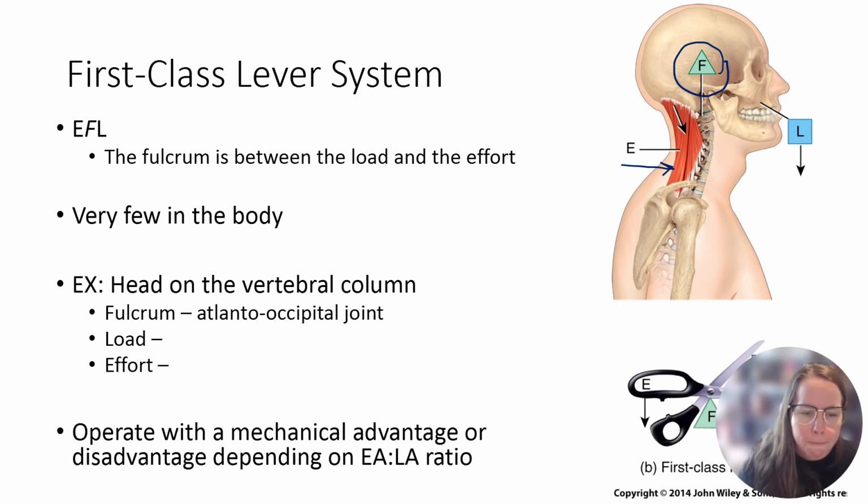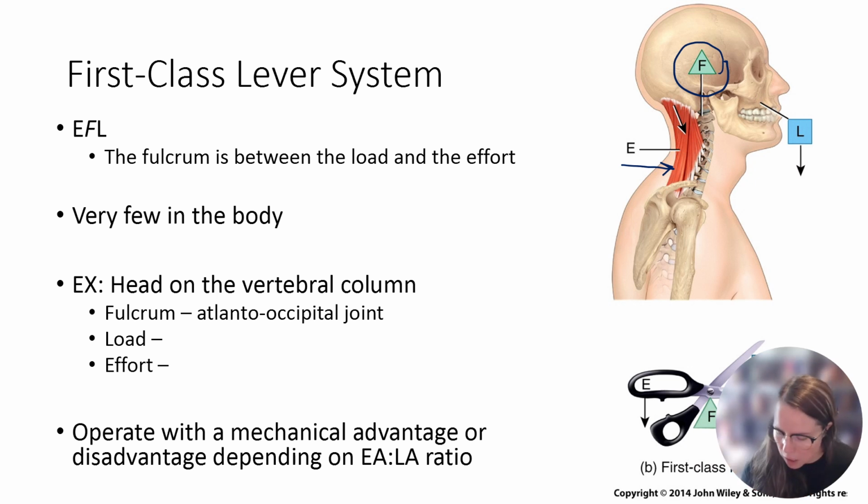The interesting thing about first class lever systems, besides the fact that they're very rare, is that they can either have mechanical advantage or disadvantage. It truly depends on the orientation and the ratio of the effort arm to the load arm, okay?